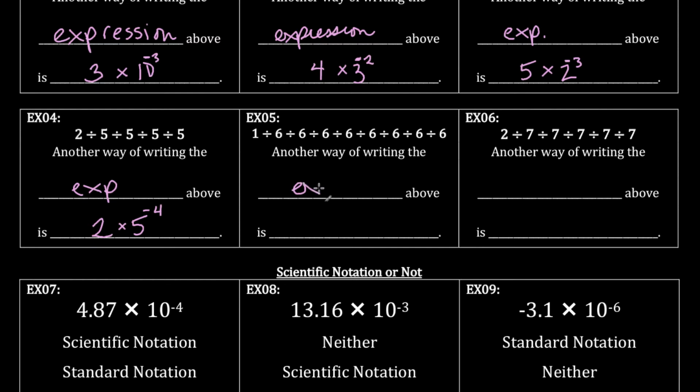Another way of writing the expression above is 1 times 6, not to the 8th power because we're not multiplying, but to the negative 8th power because we're dividing. And lastly, we can write this expression as 2 times 7 to the 5th power, but negative.